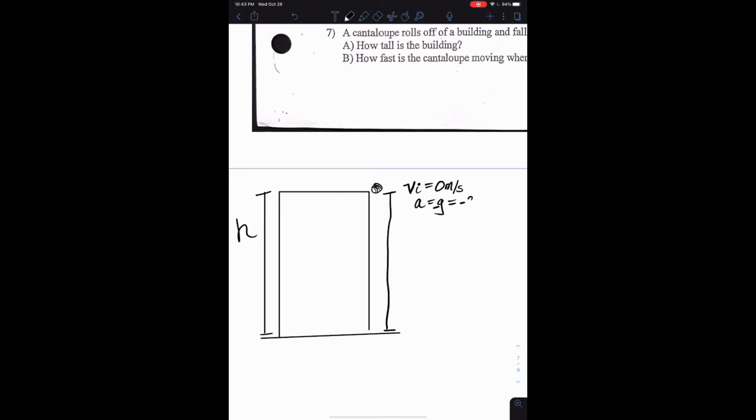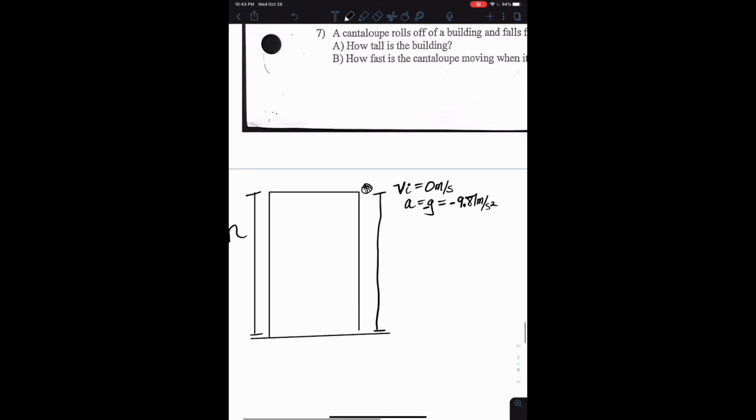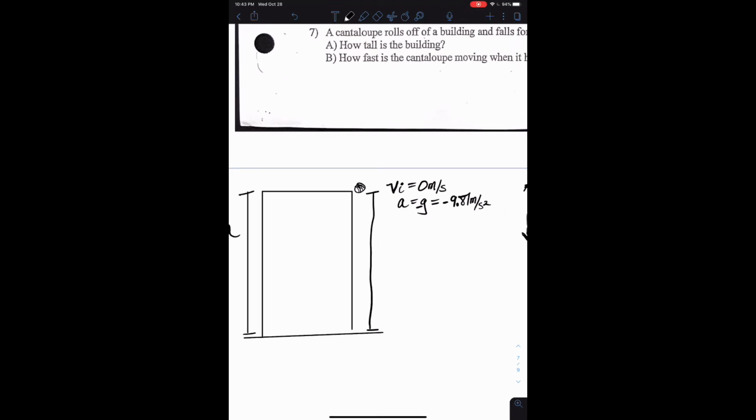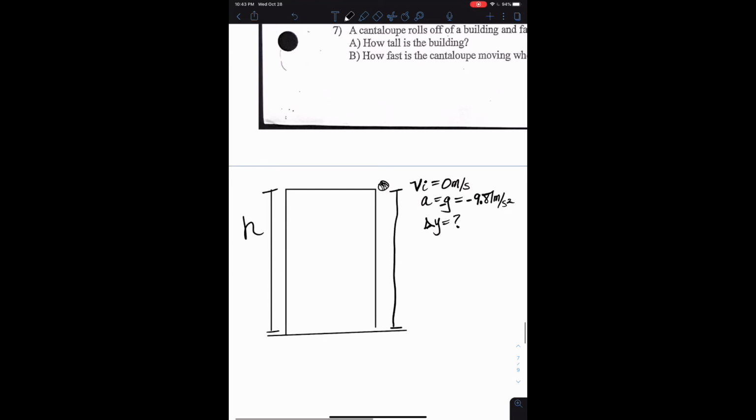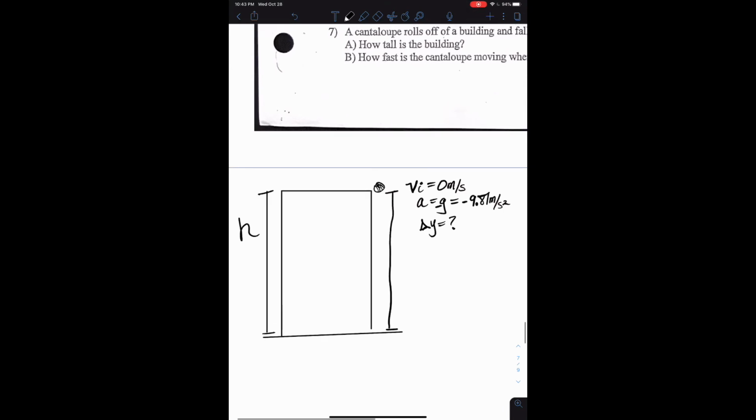So that means the acceleration is going to equal negative 9.81 meters per second squared. We know that the orange is going to displace some amount delta y, but we don't know what that is. So that's what we're going to solve for, because we know delta y is going to be related to the height of the building, right? They'll be similar.